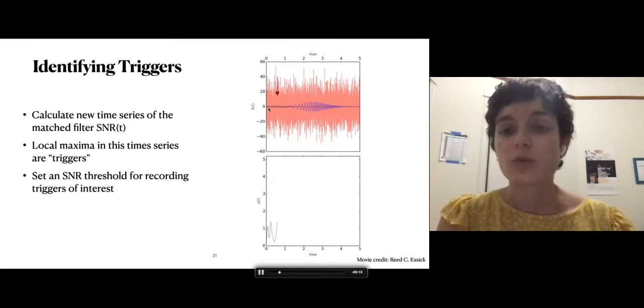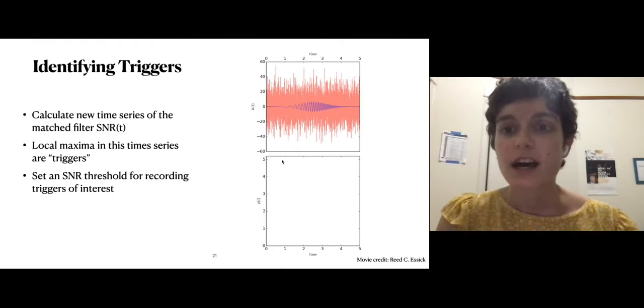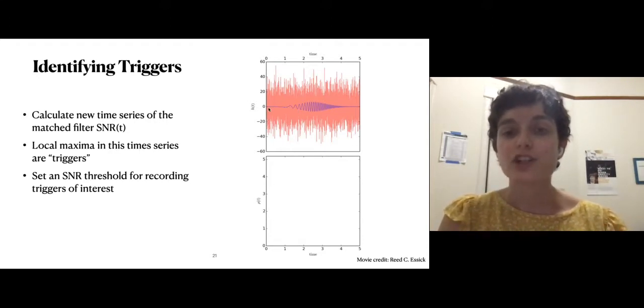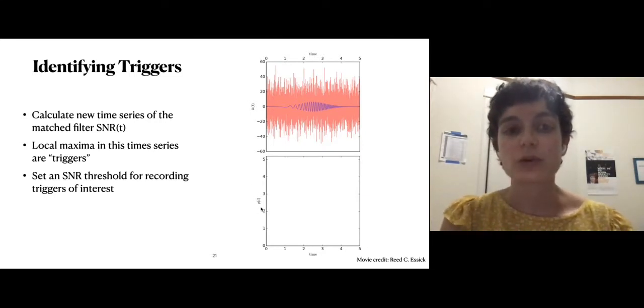And what we do is we slide these templates effectively over the data. Let's play that again. We're going to slide a template over the data, and you'll see that as a function of how much we've slid the template, we calculate this signal to noise ratio, which here is denoted by rho.